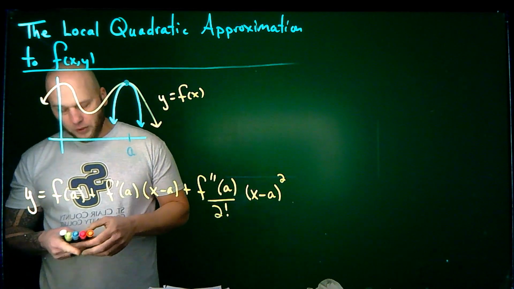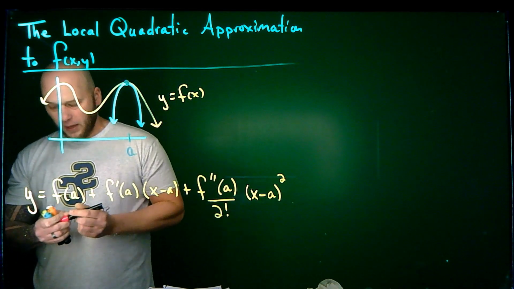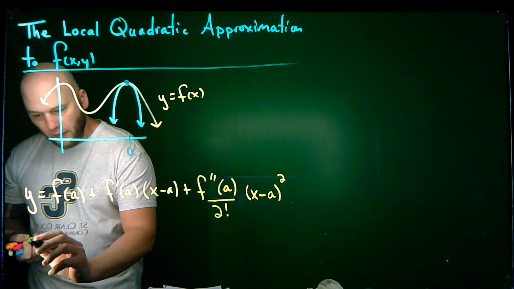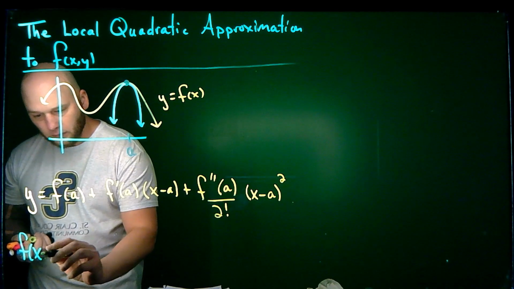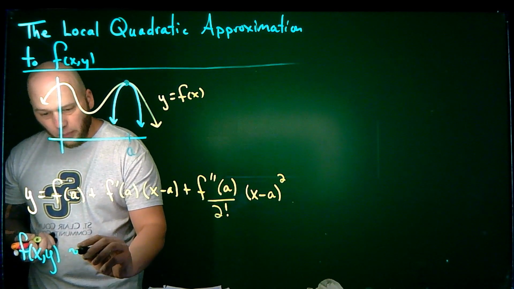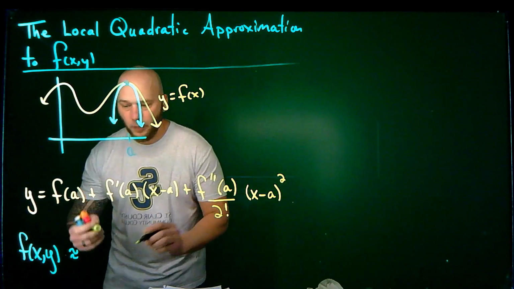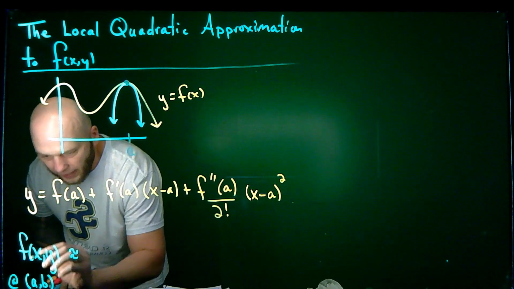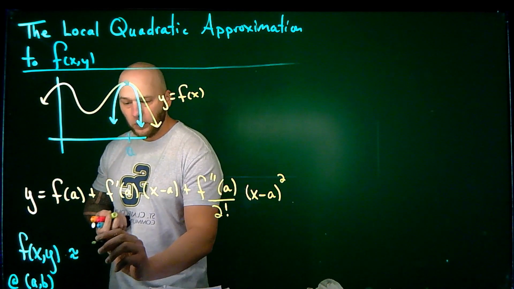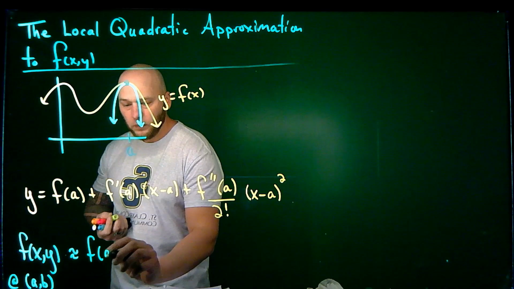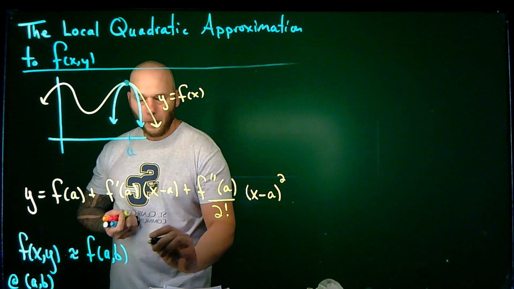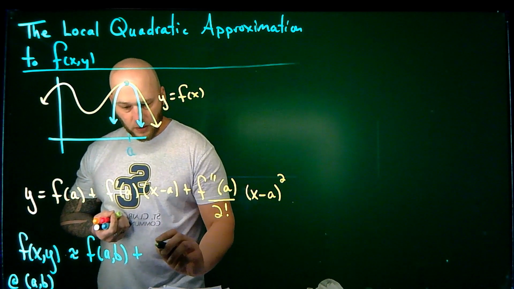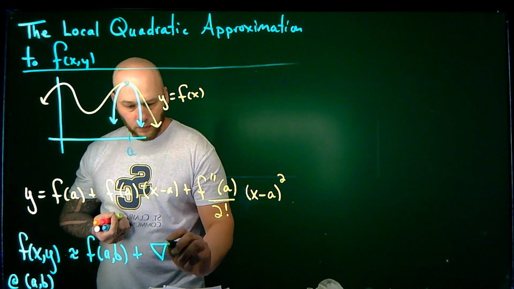Here would be the quadratic approximation of a function of two variables at a specific point. So f of x, y is going to be approximately equal to, at the point (a, b), the function value f of (a, b), plus I'm going to take the gradient of that function.